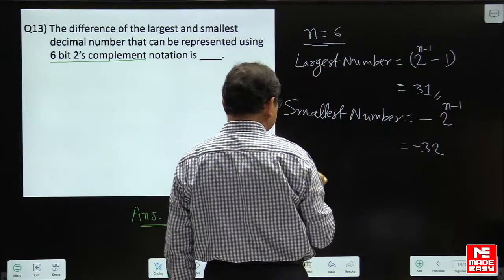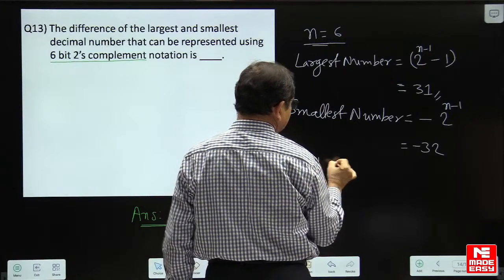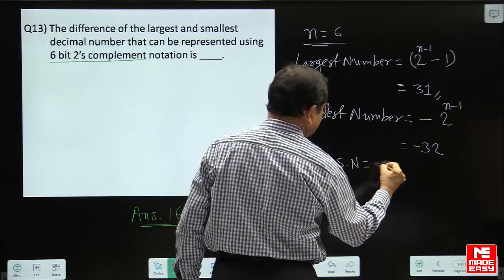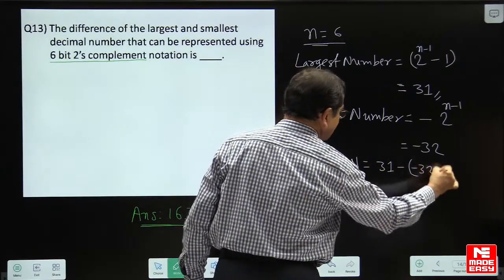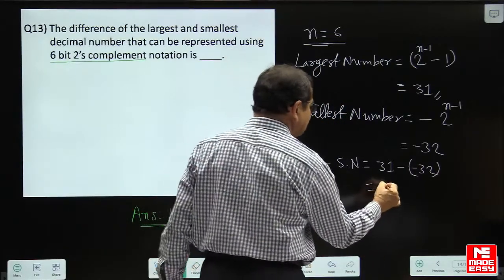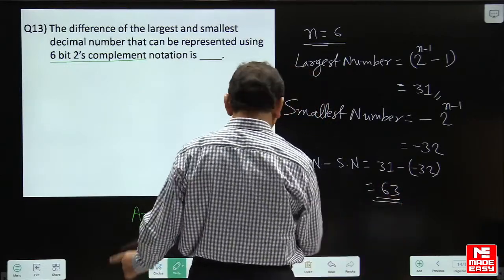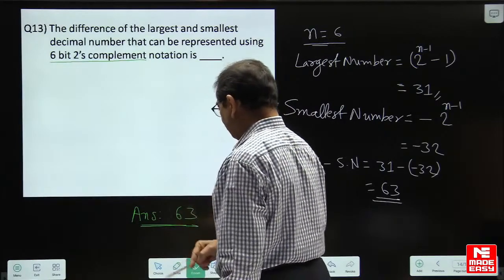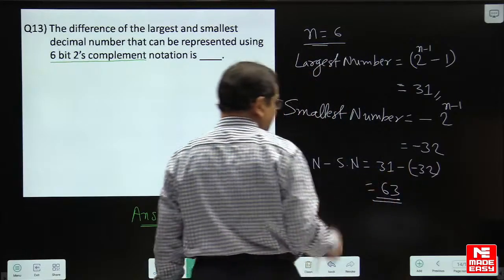The question asks for the difference of the largest number and the smallest number, so 31 minus of minus 32. So definitely your answer is 63. Sorry, I made a mistake in writing. The answer is 63.